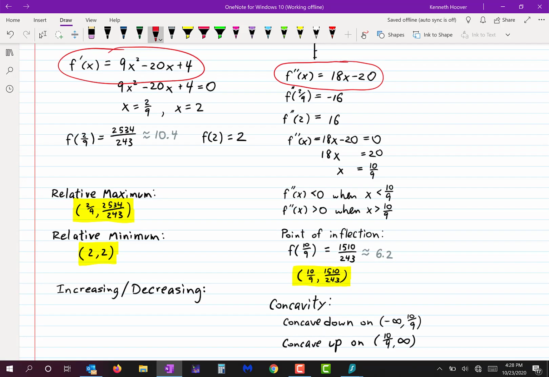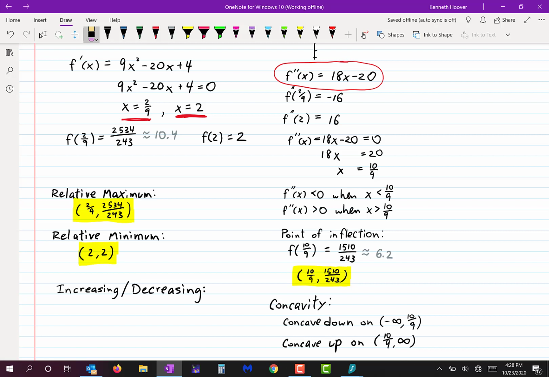We know where the first derivative equals 0. It equals 0 when x is 2/9 and again when x is 2. What about between those two numbers? And also, what about outside of those two numbers?